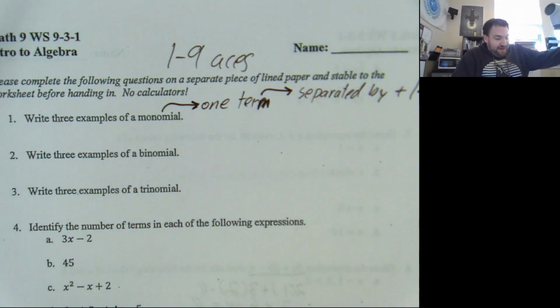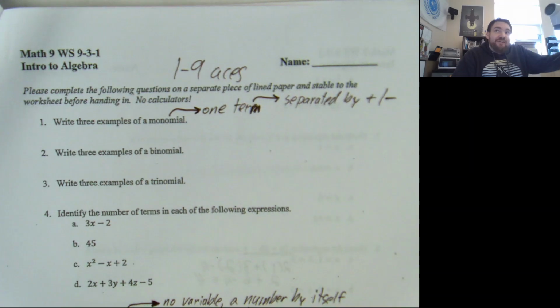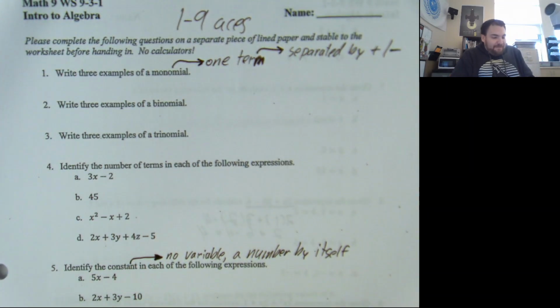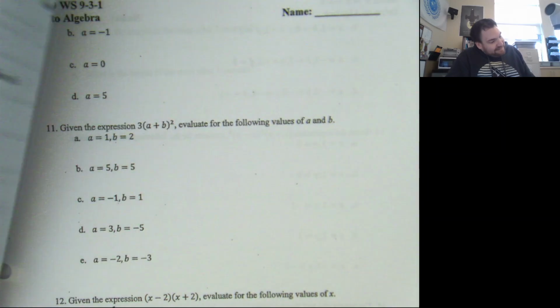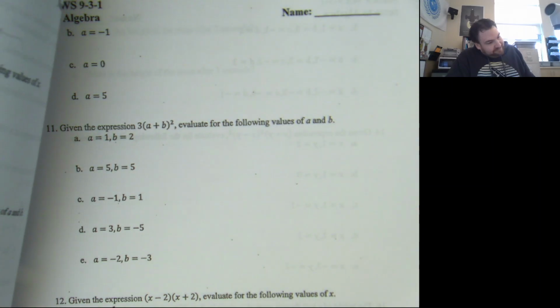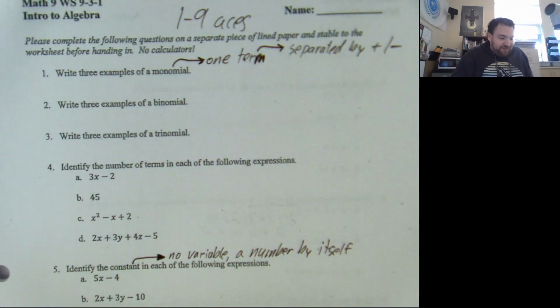Aces means you don't have to do every letter. You just need to do every other letter. And it's a bit of a review of some of the skills that we've developed over the last little bit as we lead into algebra. That's all I got for you today to finish up the block. 1 to 9 aces. It should be fairly straightforward.